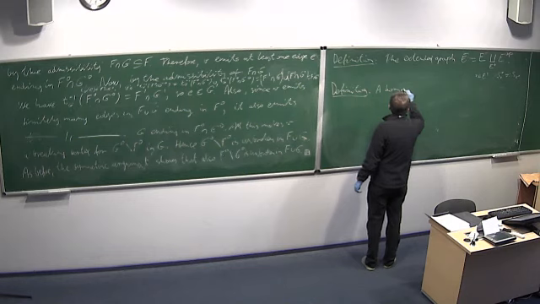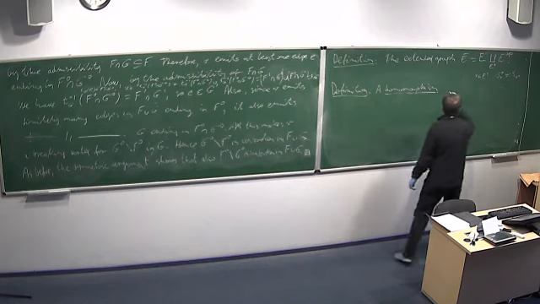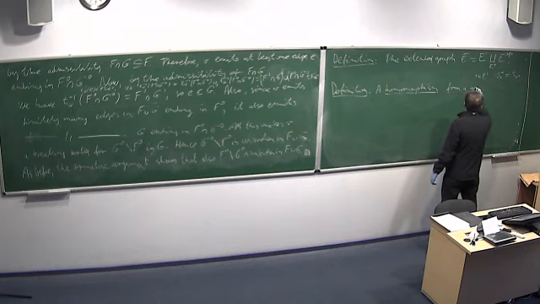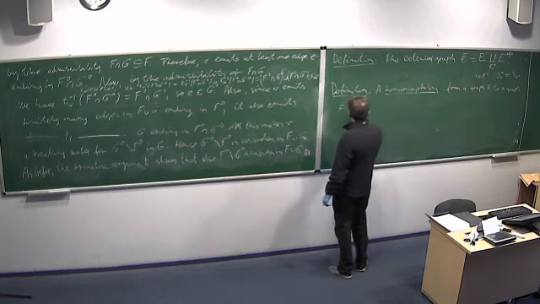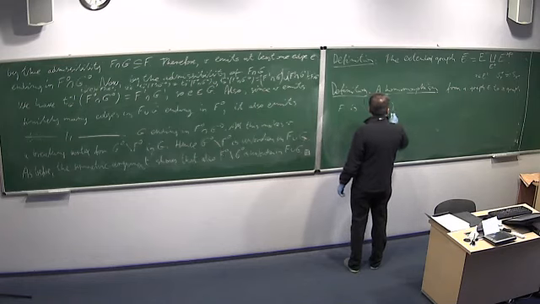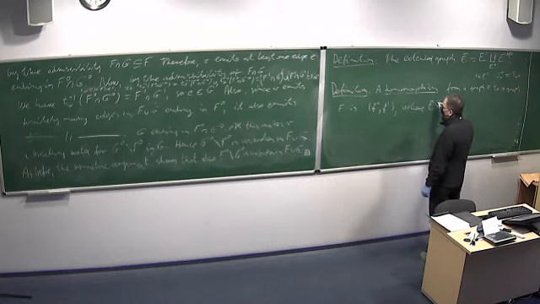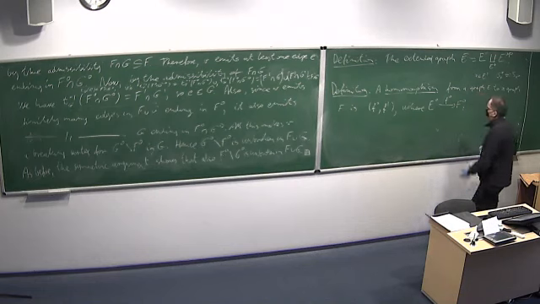A homomorphism from a graph E to a graph F is a pair f0, f1, where f0 is a map from E0 to F0, I mean, lowercase f0 is a map from E0 to capital F0.